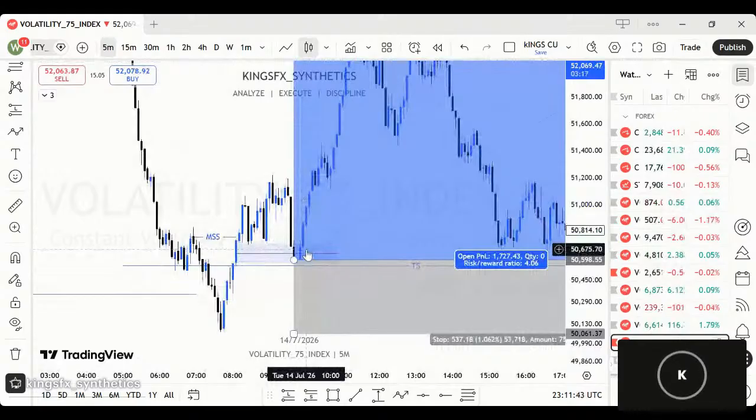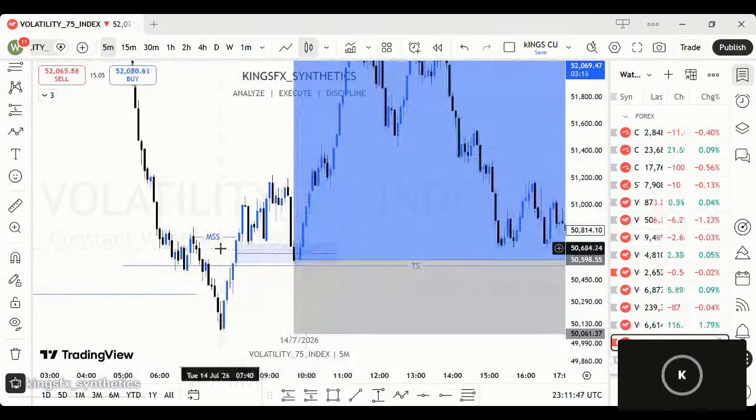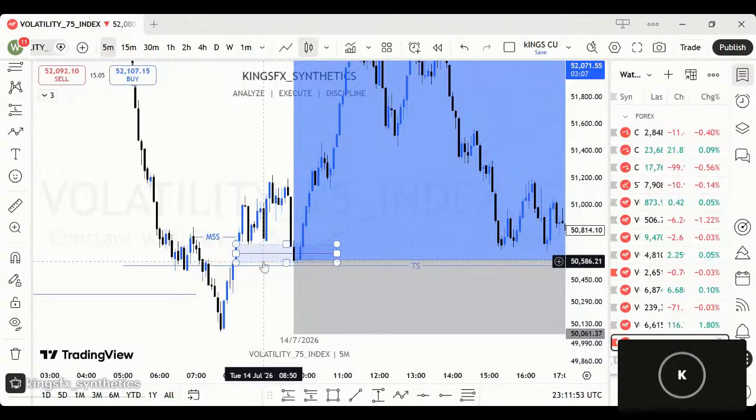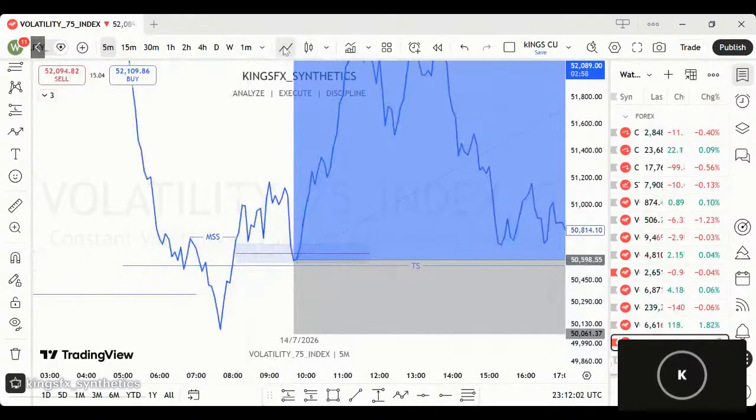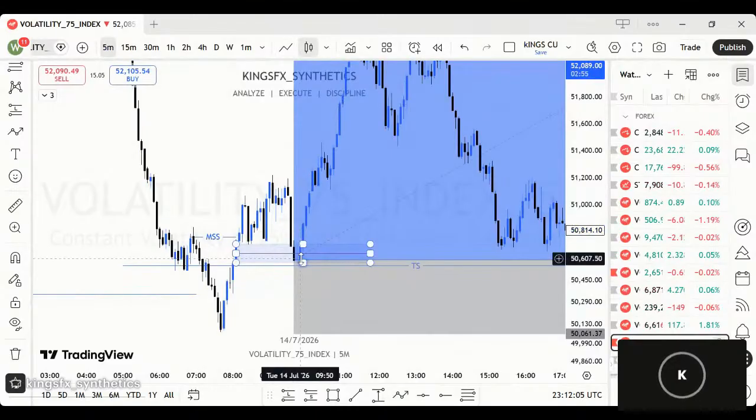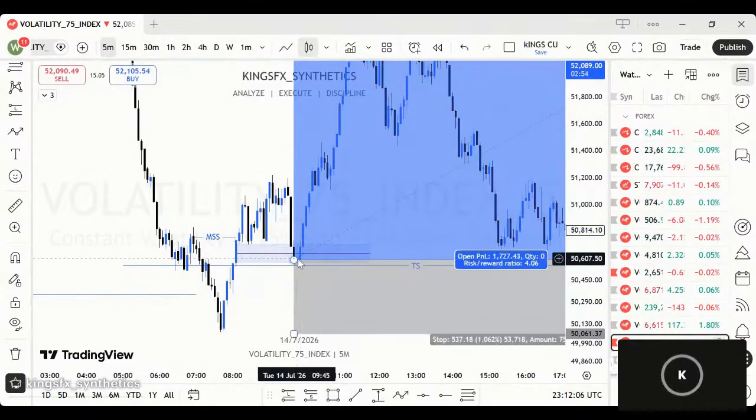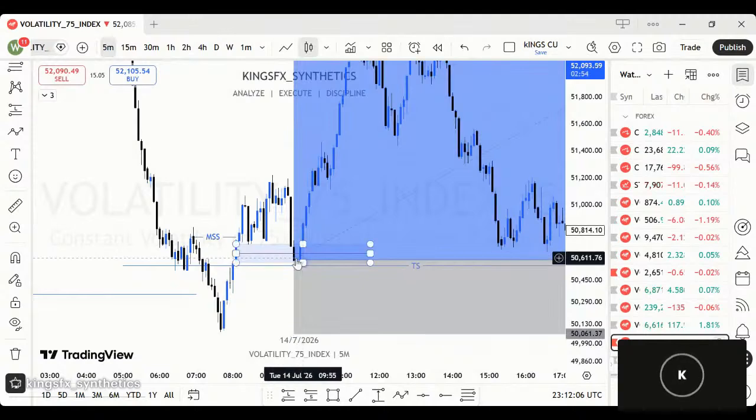Based on my Quasimodo confirmation and the fair value gap that was left behind here, I applied this zone for my fair value gap. And right at this zone, we saw price coming and tapping into our entry right here.